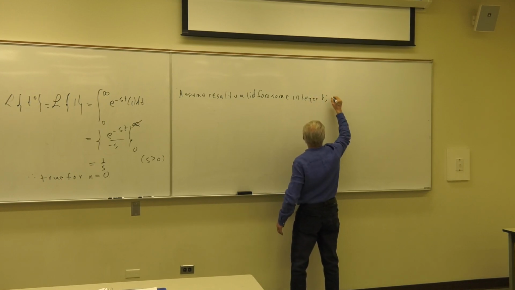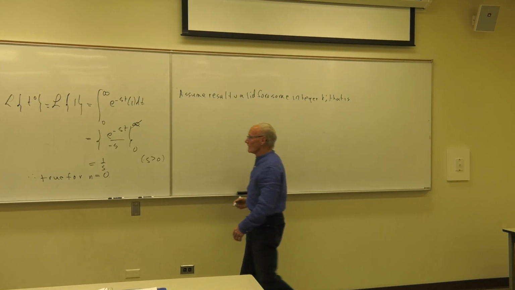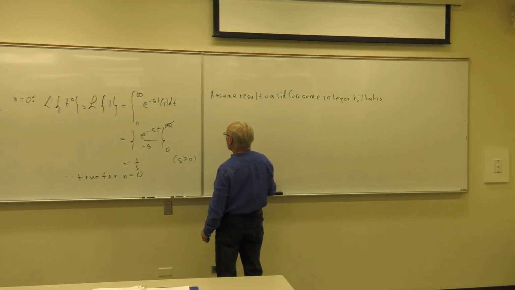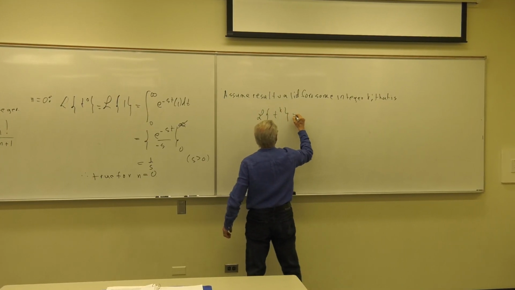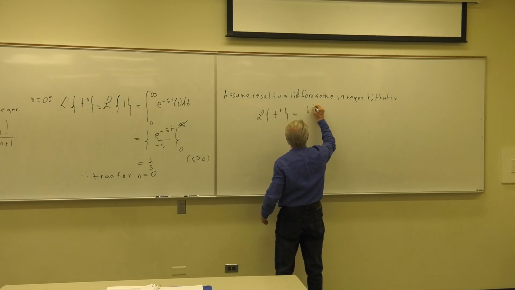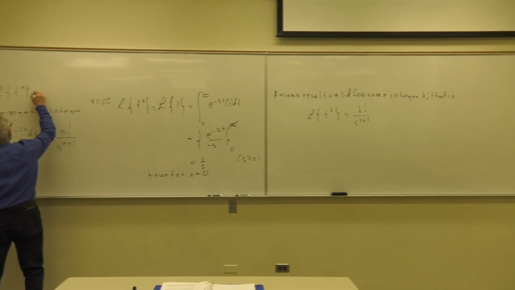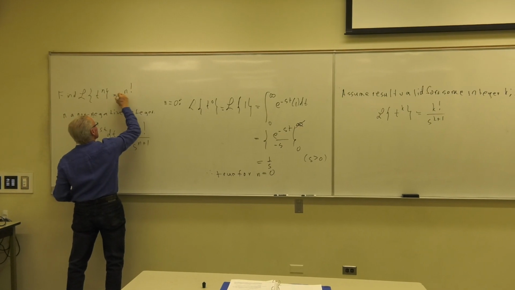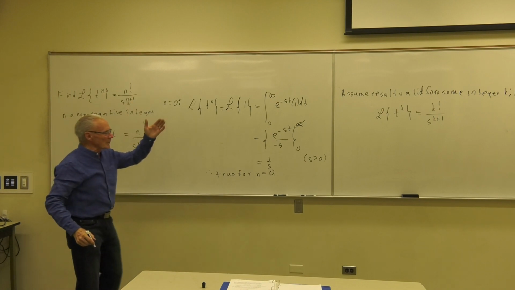That is, assume that the Laplace transform of t to the k is equal to, what does it say? Put in k factorial over s to the k plus 1. That's the result that we're trying to prove. So I'm assuming it for k, and I'm dropping the k's.